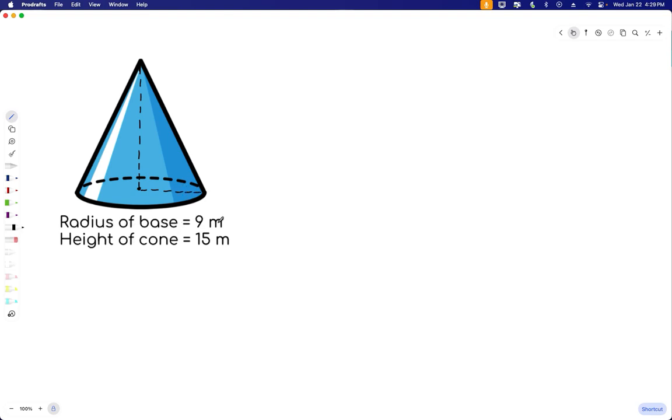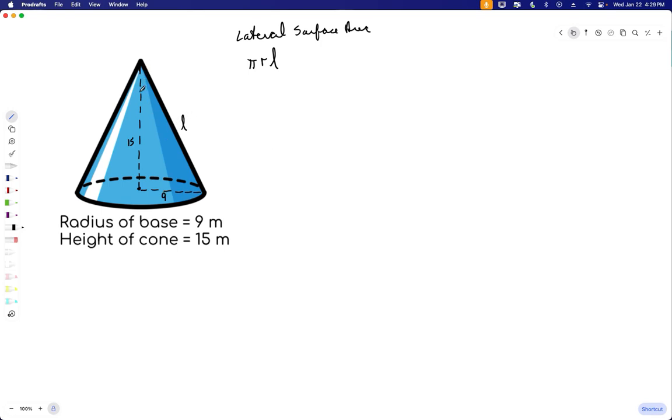So we're told here the radius of the base is 9 and the height of the cone is 15. Well, that is how we determine the L, the slant height. The lateral surface area of a cone, as we finish writing here, is determined by pi times the radius times the slant height, or this slopey area.